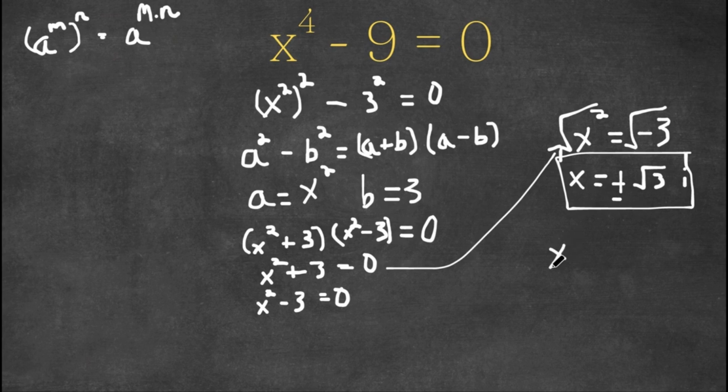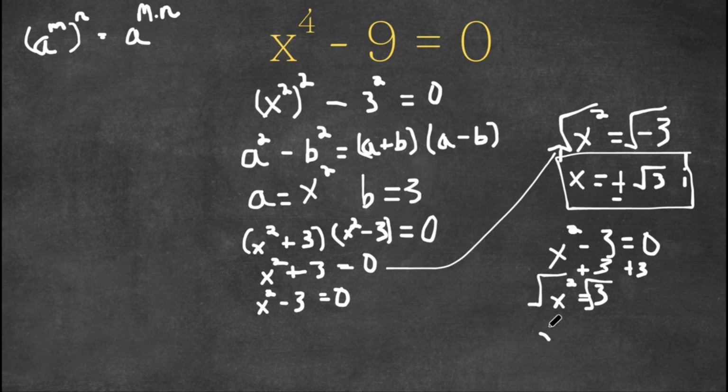Now for x squared minus 3 equals 0, we add 3 on both sides, so we get x squared equals 3. If we take the square root on both sides, we get x equals positive or negative square root of 3.